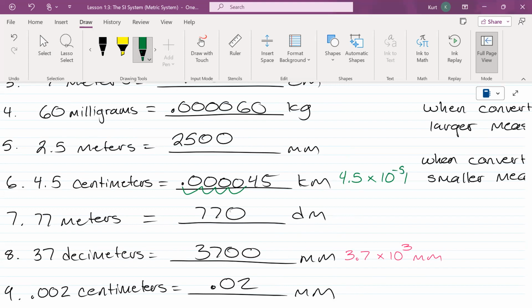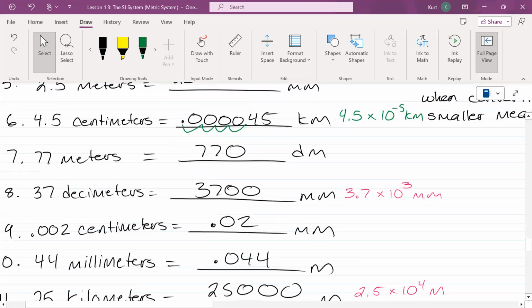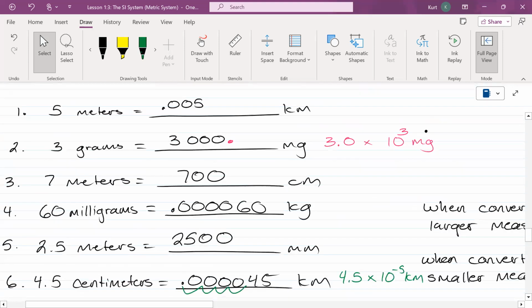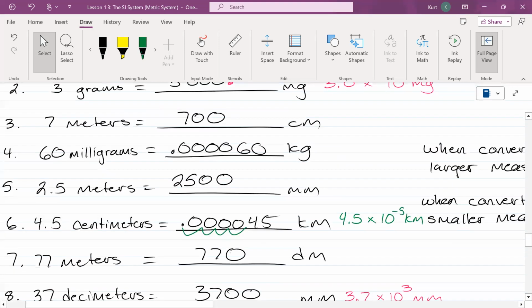Good. Kilometers. Is there another one here? Ooh, Varun, do number 4. One, 2, 3, 4, 5. Correct. And that would be kilograms.